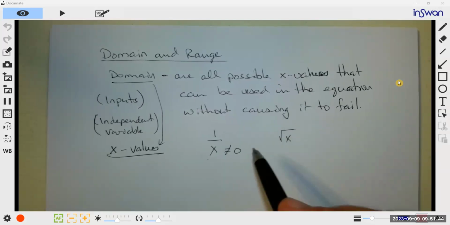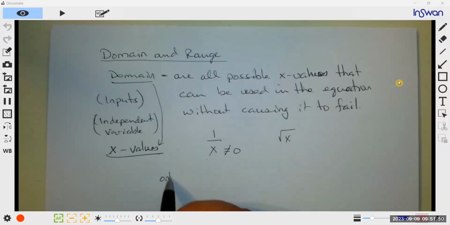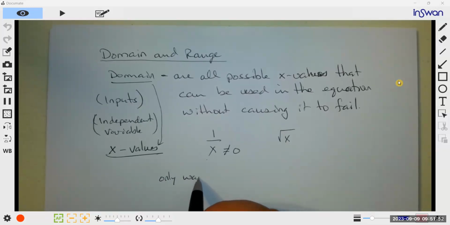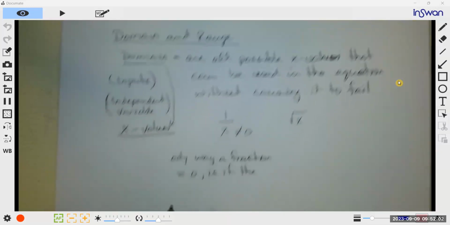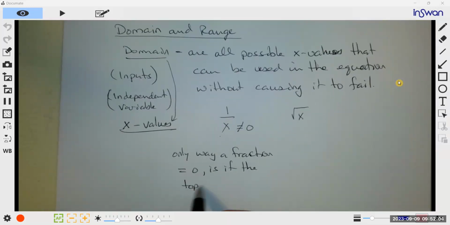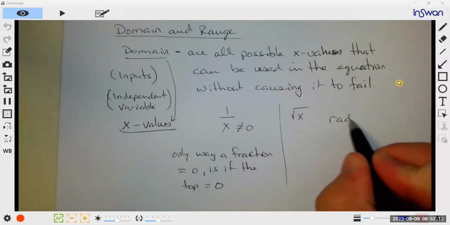The only way a fraction can equal 0 is if the top is equal to 0. Inside these are called radicals.